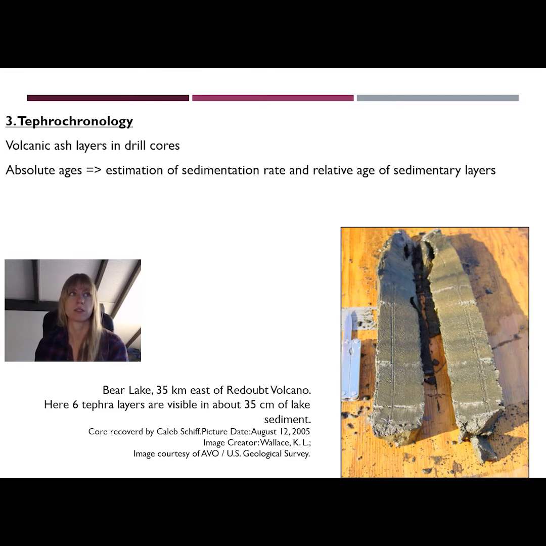Tephrochronology is the volcanic ash layers in drill cores. And this gives an absolute age estimation of sedimentation rate and relative age of sedimentary layers. So for example, let's say this is our ash layer. We know that maybe this eruption was in 1802.